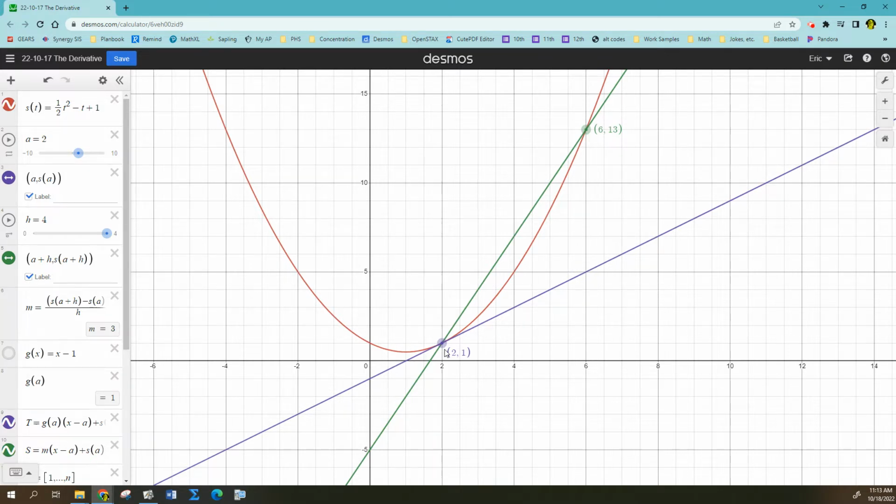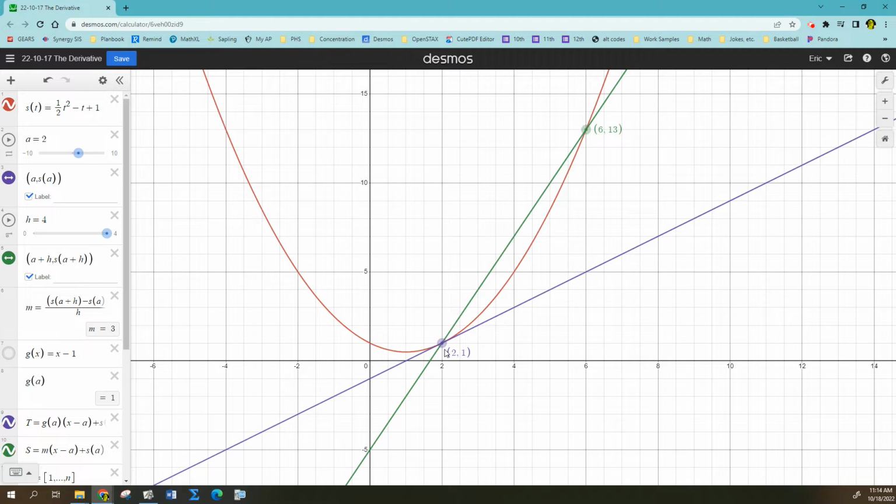Meaning if I wanted to know what is the slope of the red curve at T equals 2, what I'm really asking is, what is the slope of the line tangent to the curve at that point? That's really what we mean, because how can you have a slope? It seems like that doesn't fit very well to talk about the slope of a function, right? A slope is a property of a line.